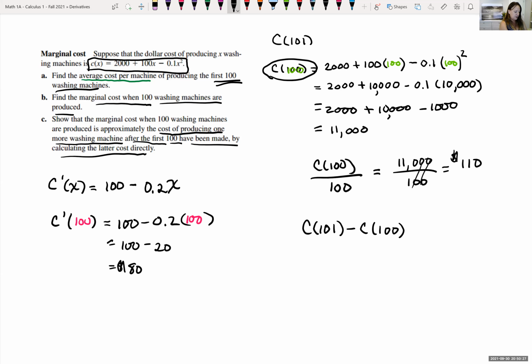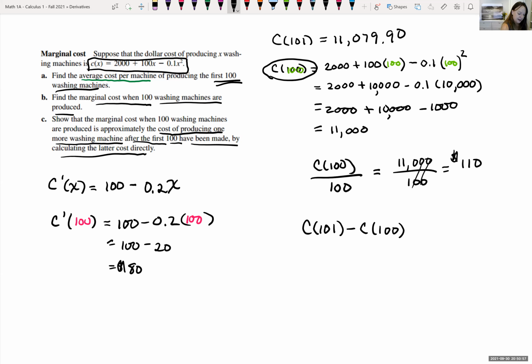plugging in 101 wherever I see an x. So I have 2,000 plus 100 times 101 minus 0.1 times 101 squared. If we do this, this is equal to $11,079.90.